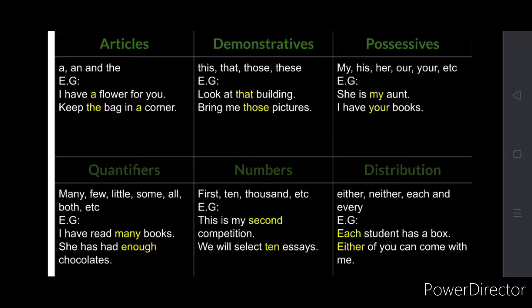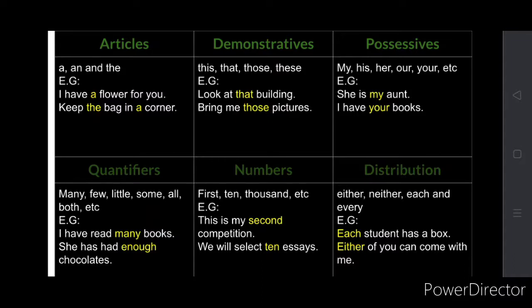So example, I have read many books. I am not giving you the number of books that I have read. I am just saying that I have read many books. I am quantifying books. And she has had enough chocolates. Now enough means she has enough. We are not saying how many chocolates she has had. We are just saying that it is enough.